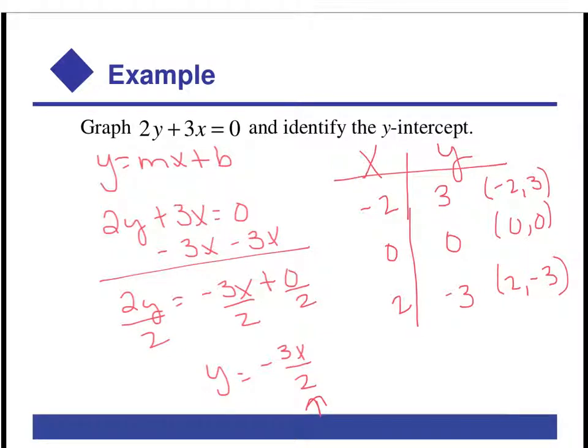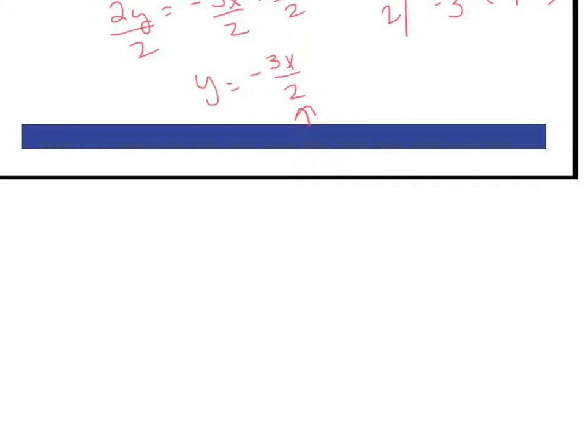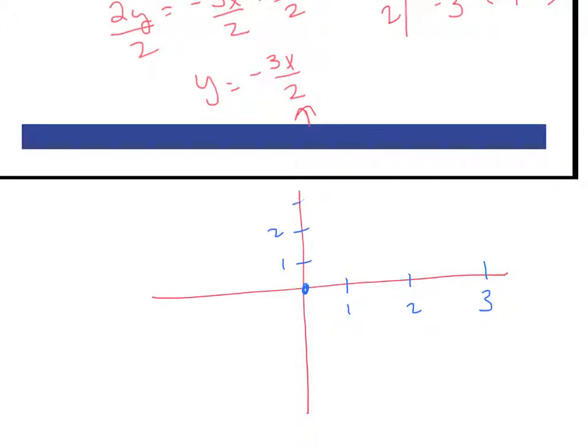Now, I don't have a graph on here to actually graph this. So we're just going to kind of eyeball it a little bit. So here's our y-axis. Here's our x-axis. And if we start with the origin, because that is one of the points, (0, 0). Let's see, 1, 2, 3. 1, 2, 3.